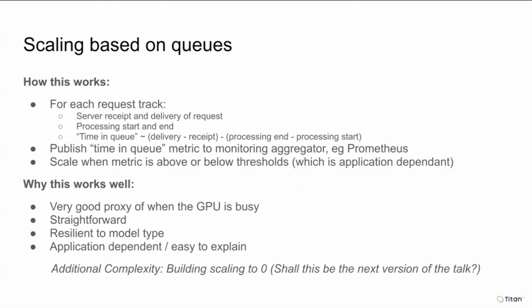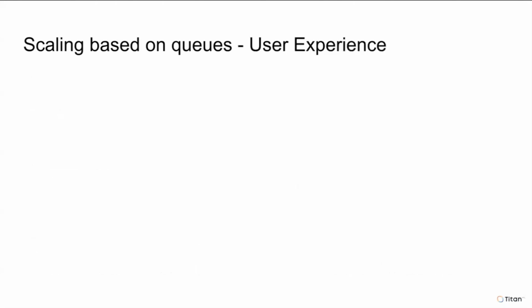It allows the teams who are working with our infrastructure to go to their product folk and say, okay, tell me about the kind of behavior you want this application to have. Does it matter if it takes 5 minutes to scale up, or do you want instantaneous responses? There's an additional complexity here of things like building scaling to zero, which is an interesting thing in itself, which maybe can be the next version of this talk.